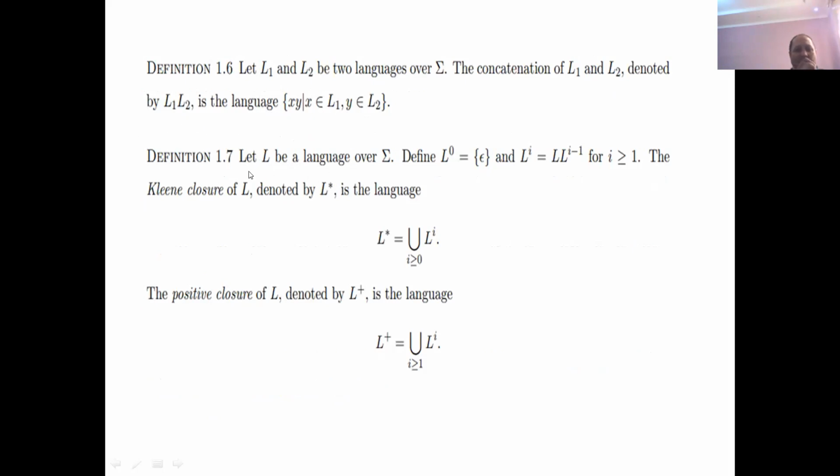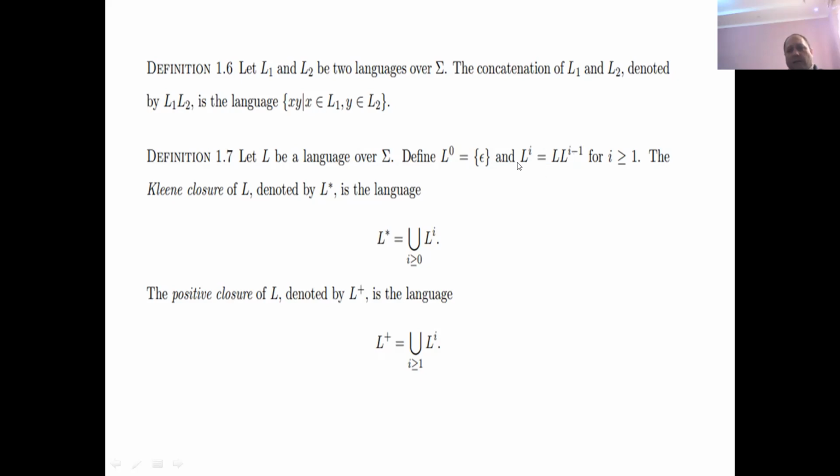Definition 7. Let L be a language over sigma. Define L to the degree 0 as the empty set, and L to the degree i equal to L concatenated with L to the degree i minus 1.